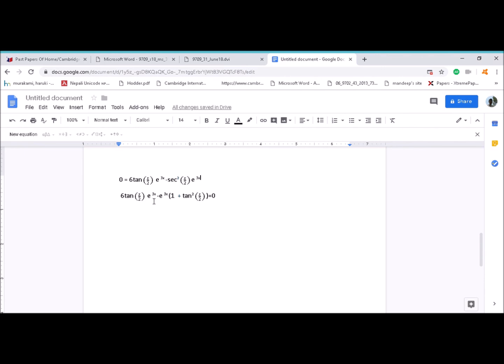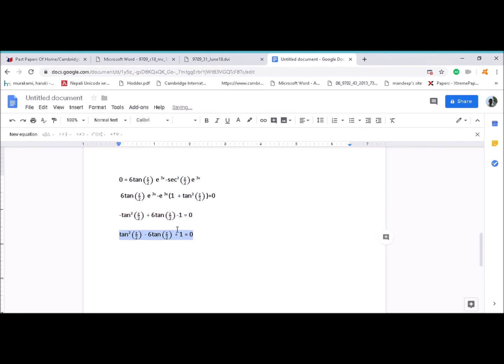And now we can remove e power 3x, because they both have e power 3x, so we divide 0 by e power 3x, which will be 0. So when you open the bracket, it will be minus tan square x over 2 plus 6 tan x over 2 minus 1 equals 0.